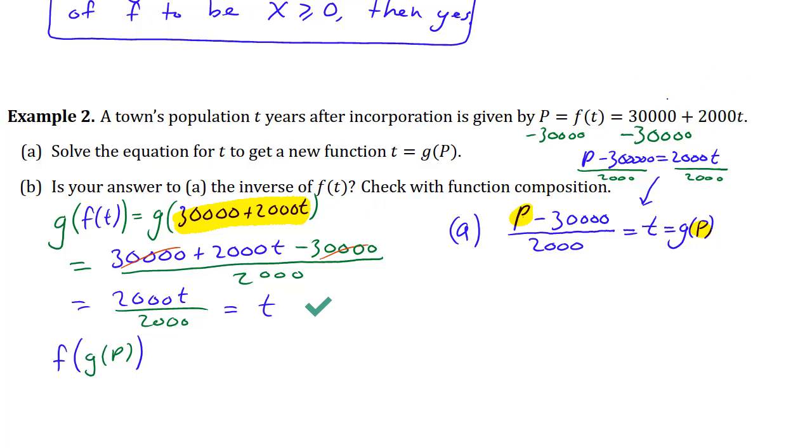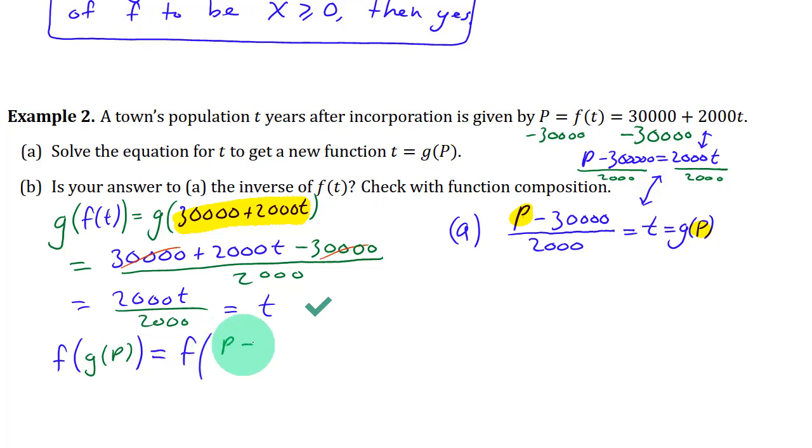This is going to give us the population again. So hopefully, just because of the fact that these equations are all equivalent, it kind of makes sense that we should get a result of p out. Because g of p tells you the year that you had that population, then f is going to turn that around and give you that population again. So anyways, let's work this out and make sure that that logic makes sense.